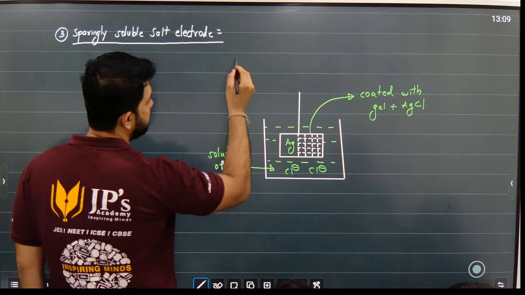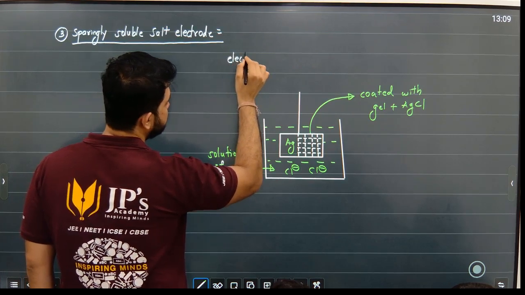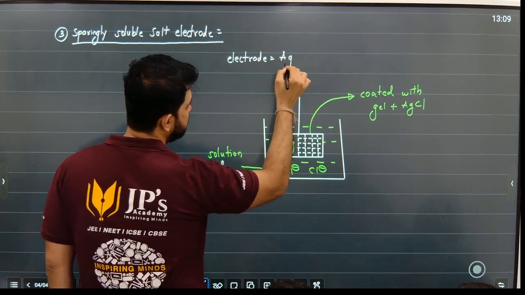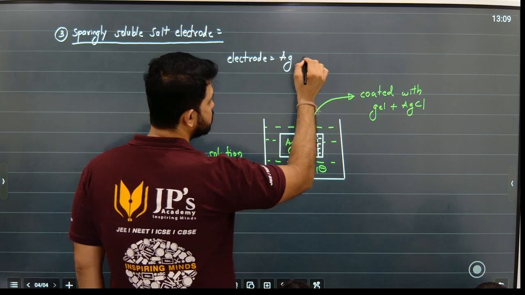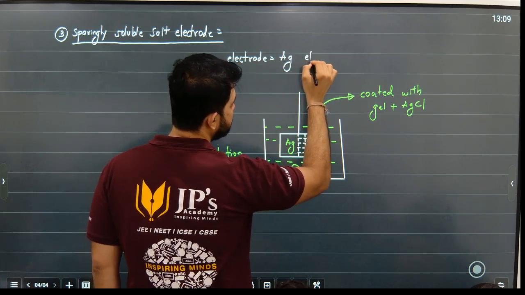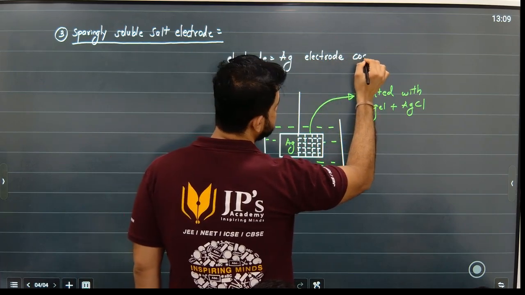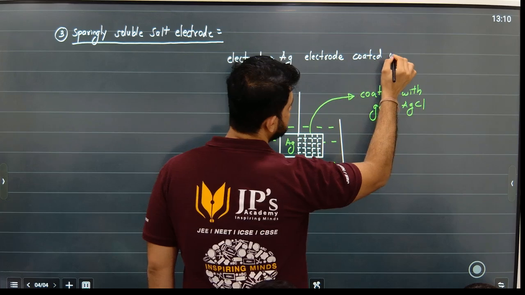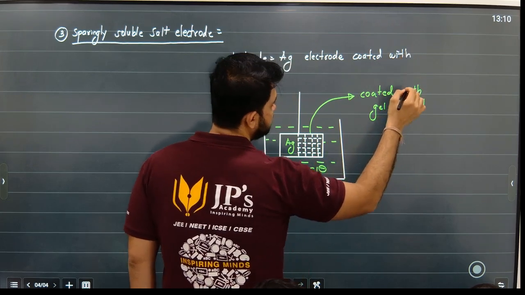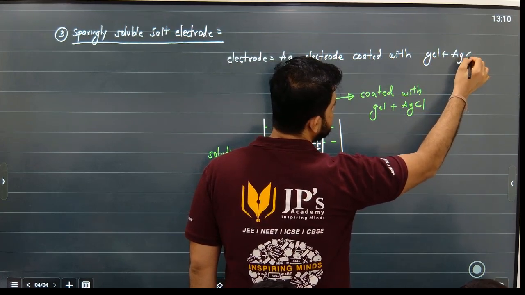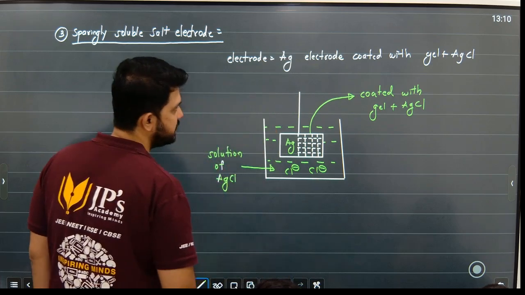I repeat. Which electrode do I have? I have Ag electrode, but the electrode is also coated with gel and your sparingly soluble salt AgCl.